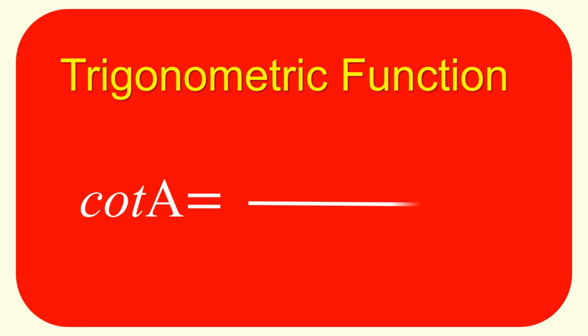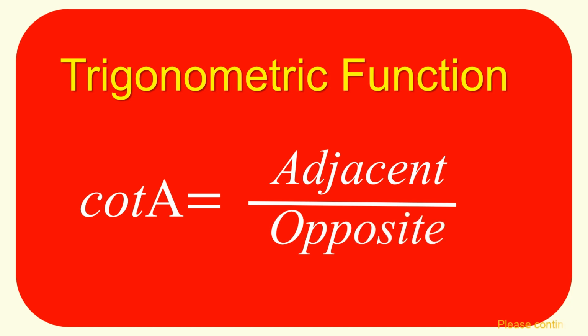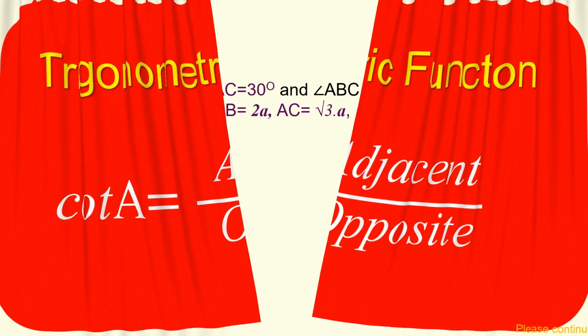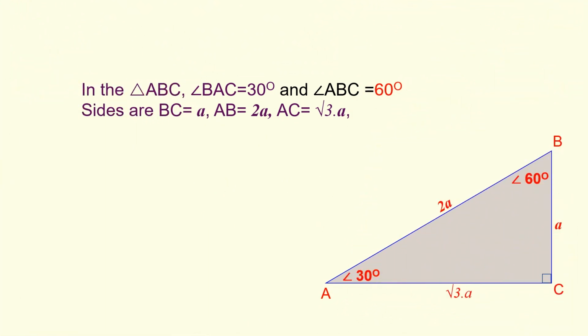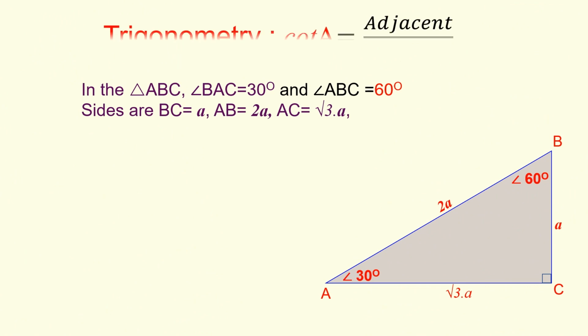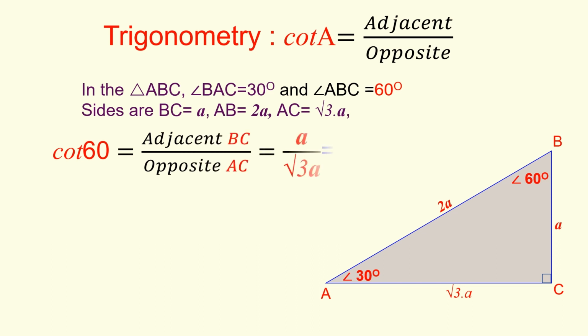Trigonometric function. Cot A is equal to adjacent divided by opposite. Cotangent or cot 60 degrees equals 1 by root 3.